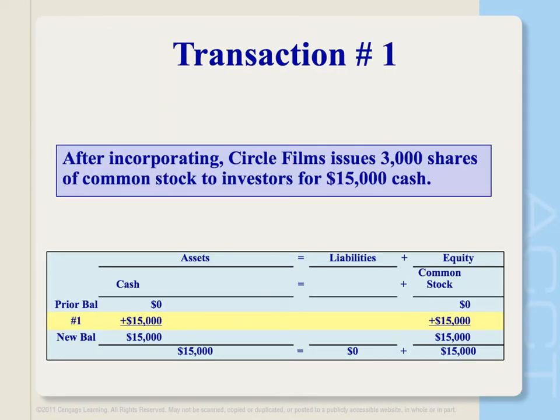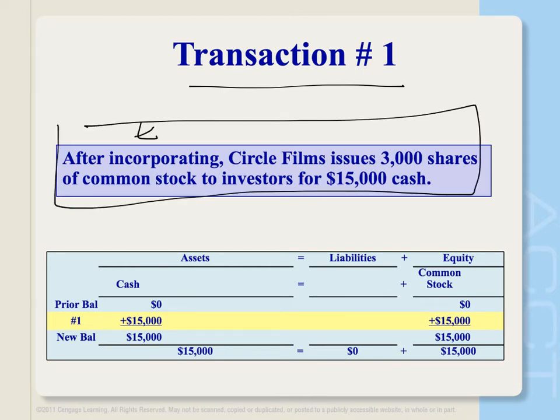So here's some examples of transaction. The transaction or event is right here. After incorporating, Circle Films issues 3,000 shares of common stock to investors for $15,000 of cash.